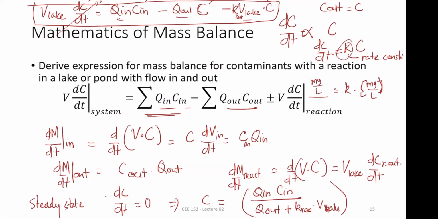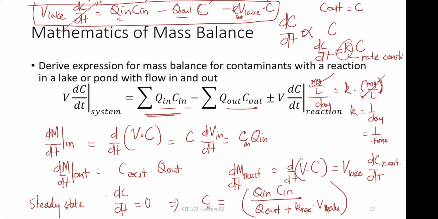Let's say we talk about hours or days. Let's say day. Milligram per liter cancels out, so K will be 1 over day. So the rate constant of a first order reaction is 1 over time, whatever the time unit. So you can see the dimensional analysis.